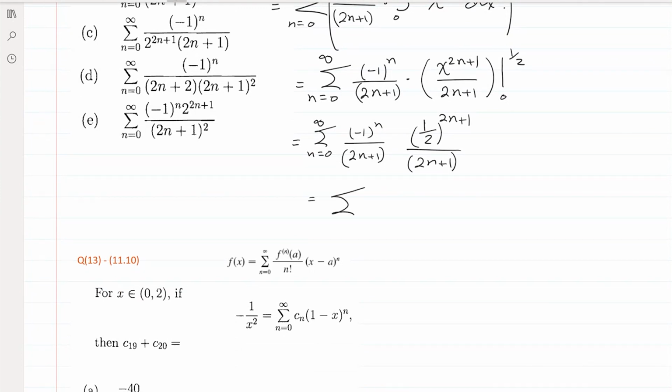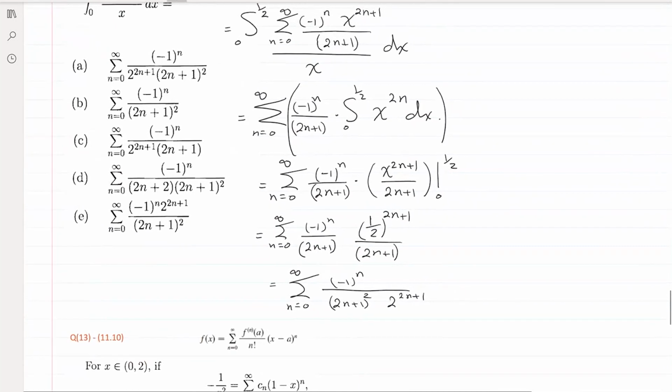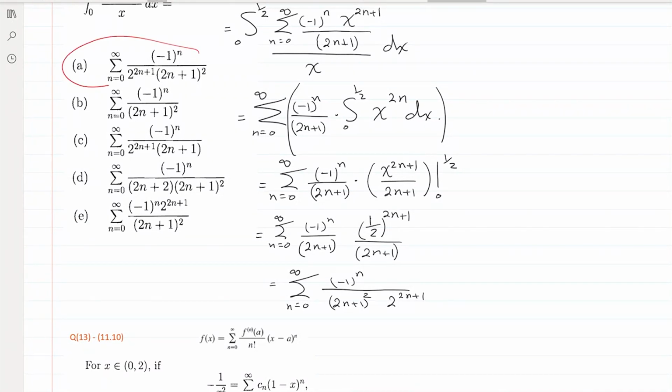This is the sum from n equals 0 to infinity of minus 1 power n over 2n plus 1, 2n plus 1, you can write it as 2n plus 1 all squared. Half, it will be 2 down, 2n plus 1. Which one of the choices is this one? It is A, exactly. It is A.